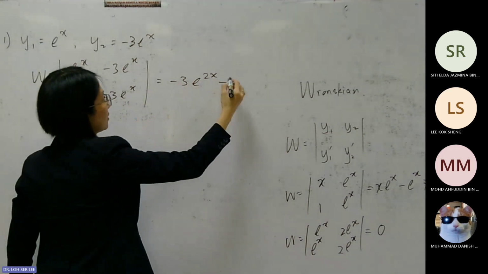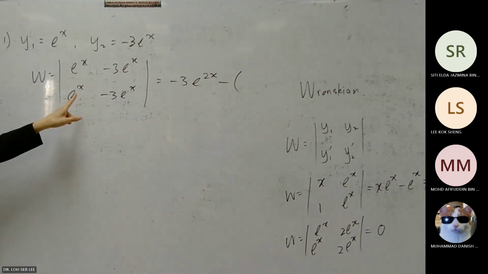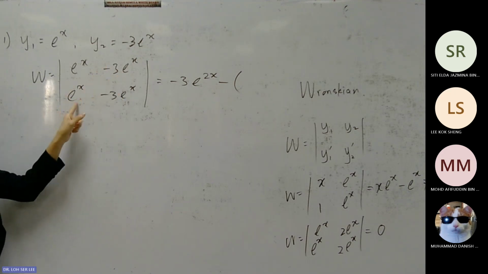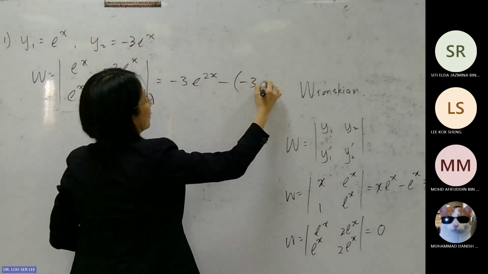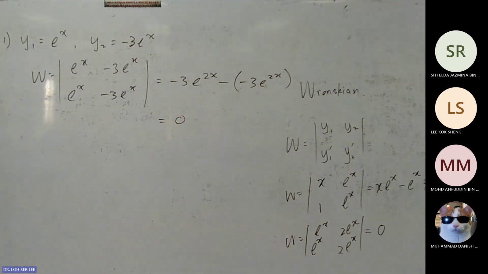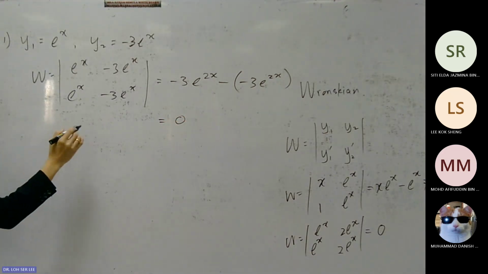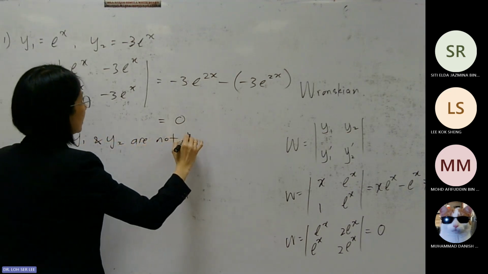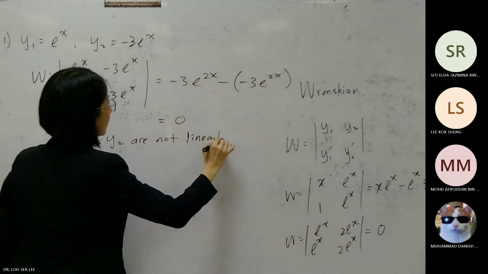Minus bc, this one multiplied with this, you have negative 3e^2x. They are the same, so that's why you get 0. The conclusion is y1 and y2 are not linearly independent.